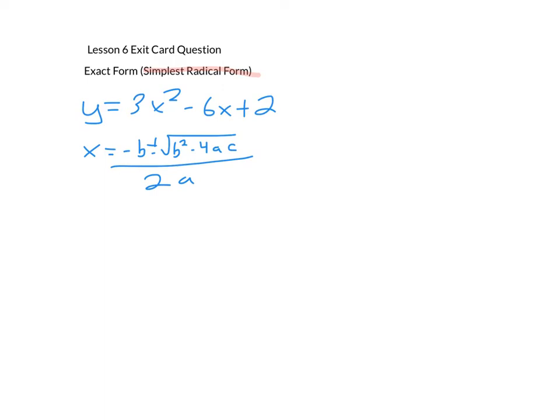And so we're going to begin with our quadratic formula where x is equal to negative b plus or minus the root of b squared minus 4ac all divided by 2a. And we will take our a, b, and c values from our equation. In this case, we're looking at a being equal to 3, b being negative 6, and c being positive 2.